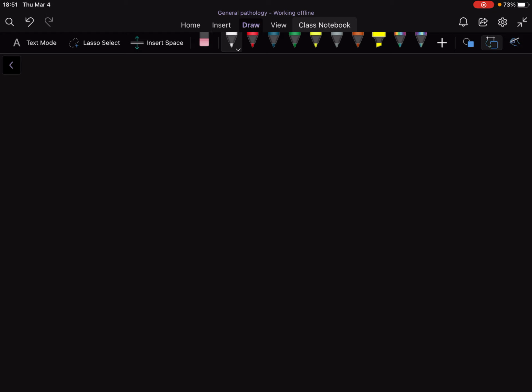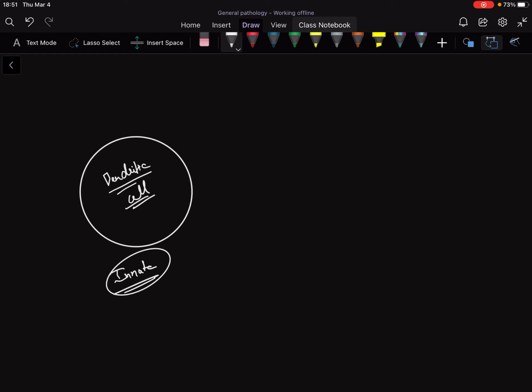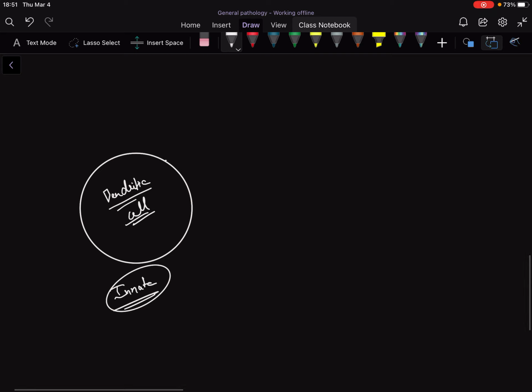Okay. So suppose this is a cell, and this cell is called a dendritic cell. Dendritic cells are a type of innate immunity cells, as I told you previously. These dendritic cells have certain receptors present on them.